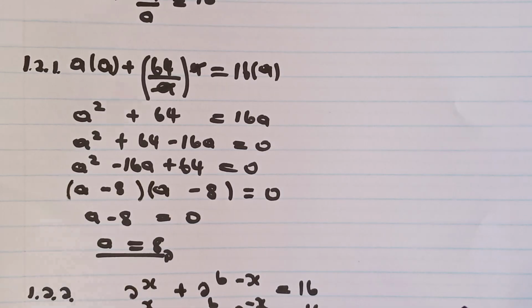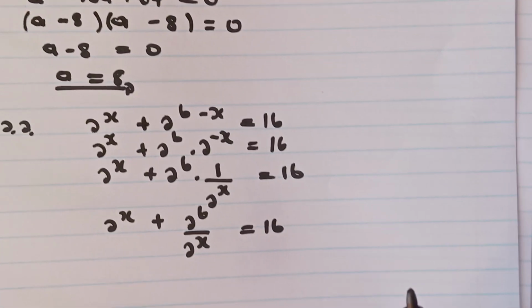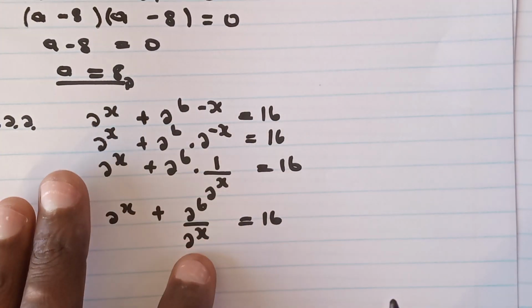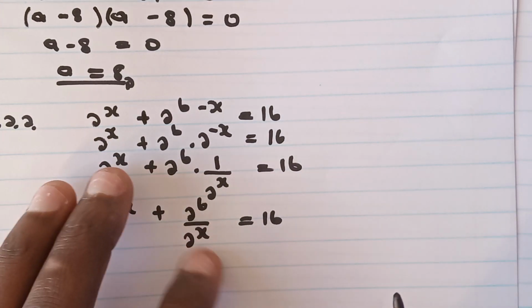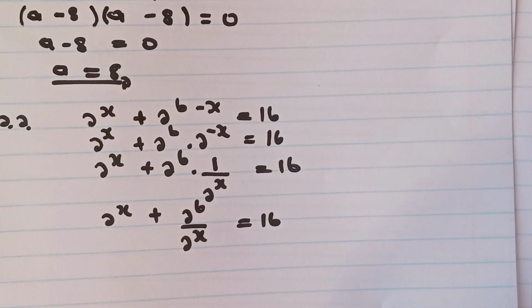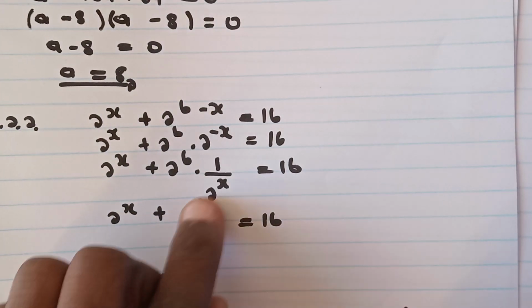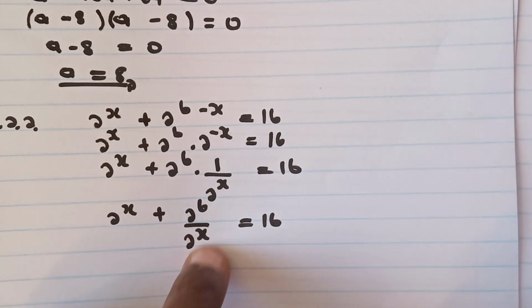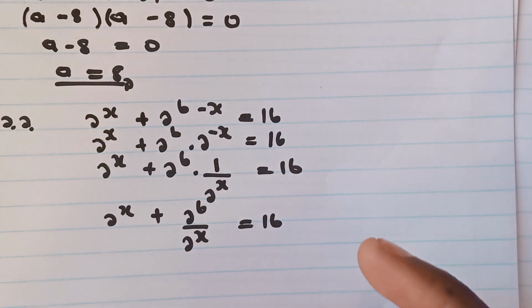And even if you take note here, it says 2 to the power x plus 2 to the power 6, all over 2 to the power x is equal to 16. So now you can see that this one corresponds to a and this one corresponds to 64, because 2 to the power 6 is 64. Then this one also corresponds to a and this one corresponds to 16, as it is in the previous question.